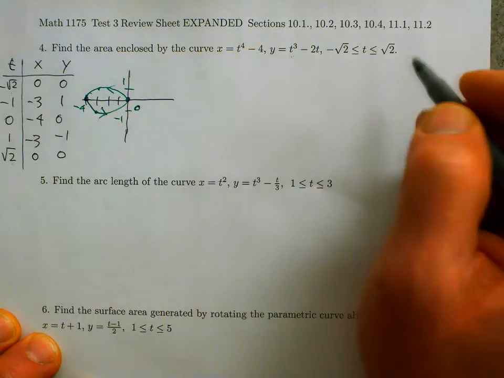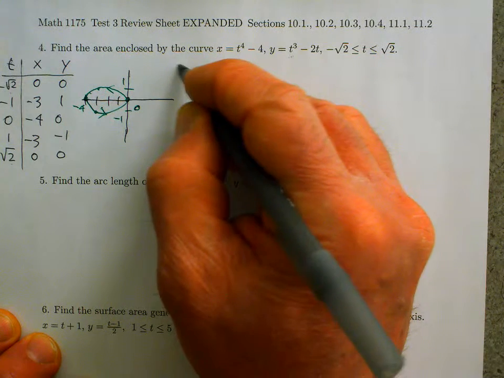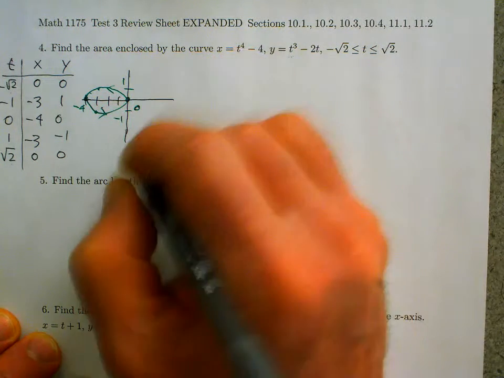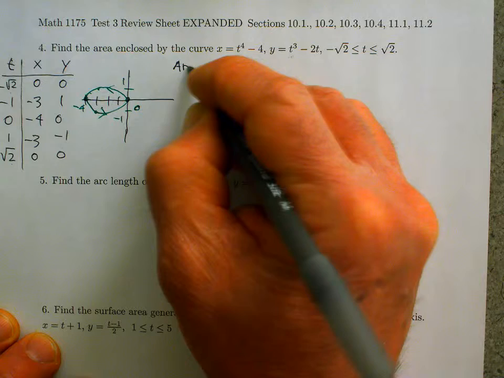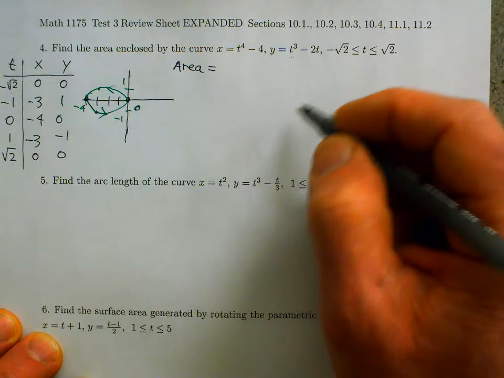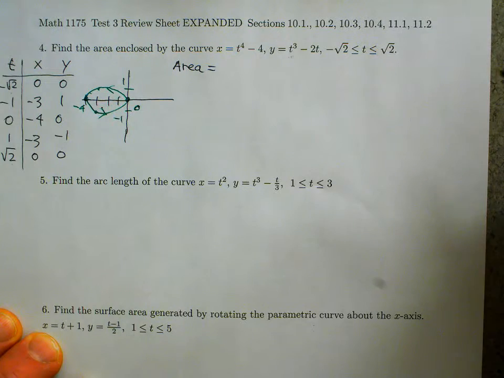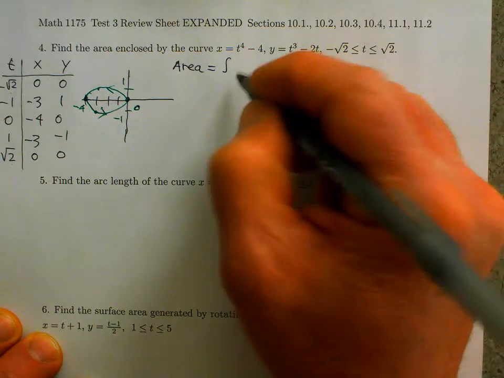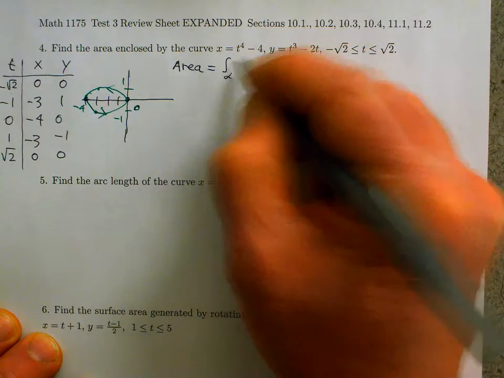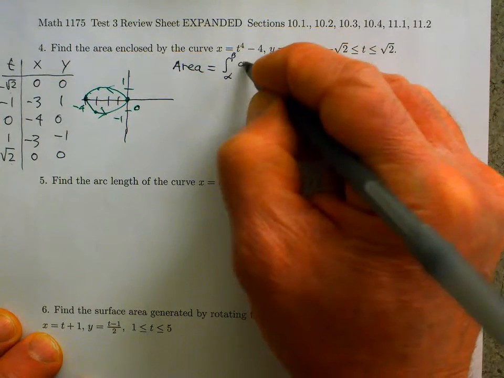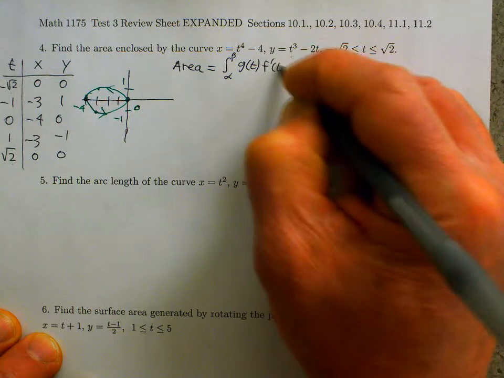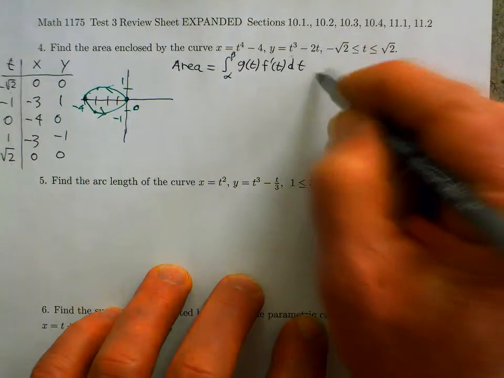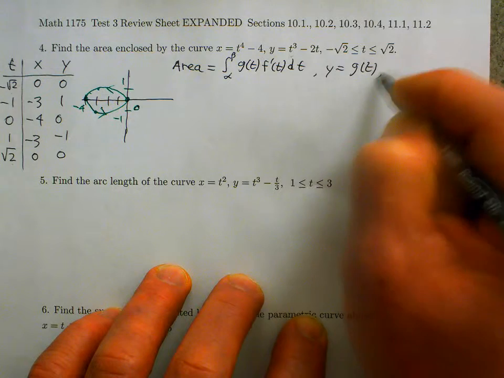If you have parametric equations, x equals f of t and y equals g of t, then the area is going to be, here's the formula, the integral from alpha to beta of g of t times f prime of t dt, where g of t is y, so y equals g of t, and x equals f of t.